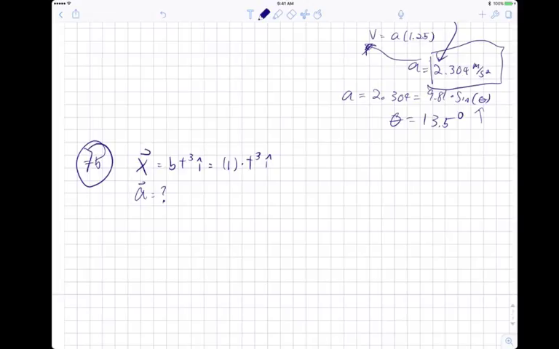So the velocity is the time derivative of the position vector. So I'm going to use the power rule. And the power rule says that this is equal to 1 times 3 t squared. Where's that 1 come from? Comes from over here. i hat. And the acceleration is the time derivative of the velocity.